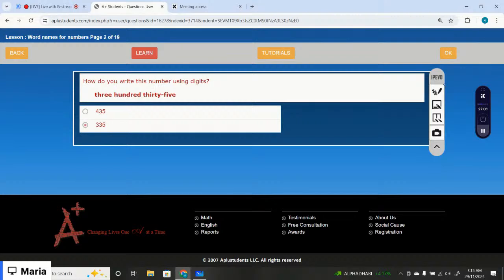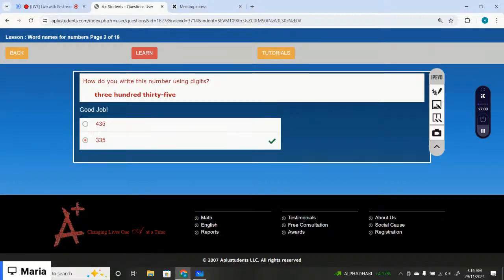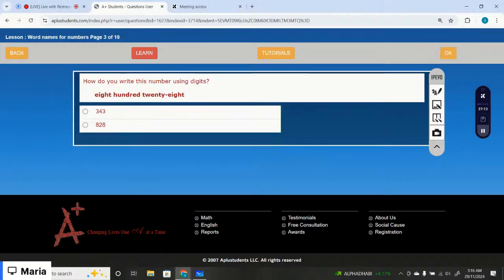That is 335. Basically, that's how we read the number. You read it like 335. So option number 3 is the correct option.